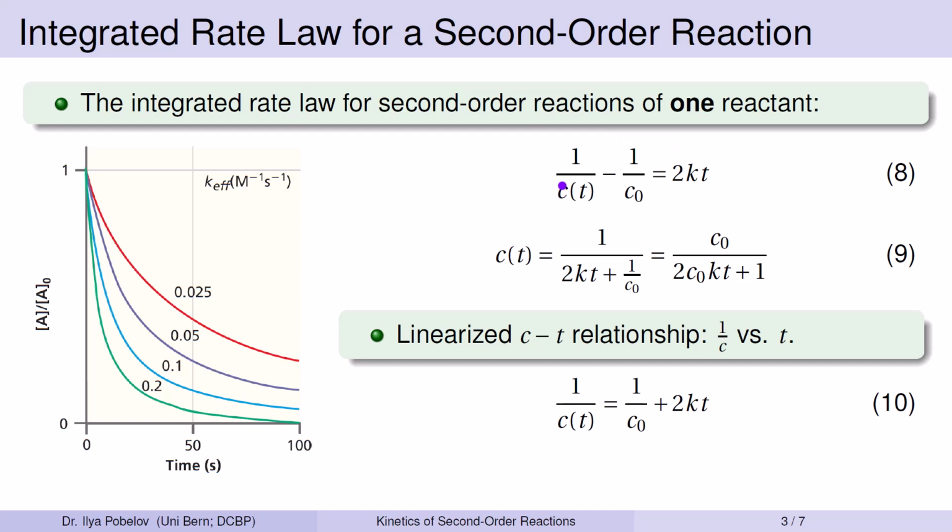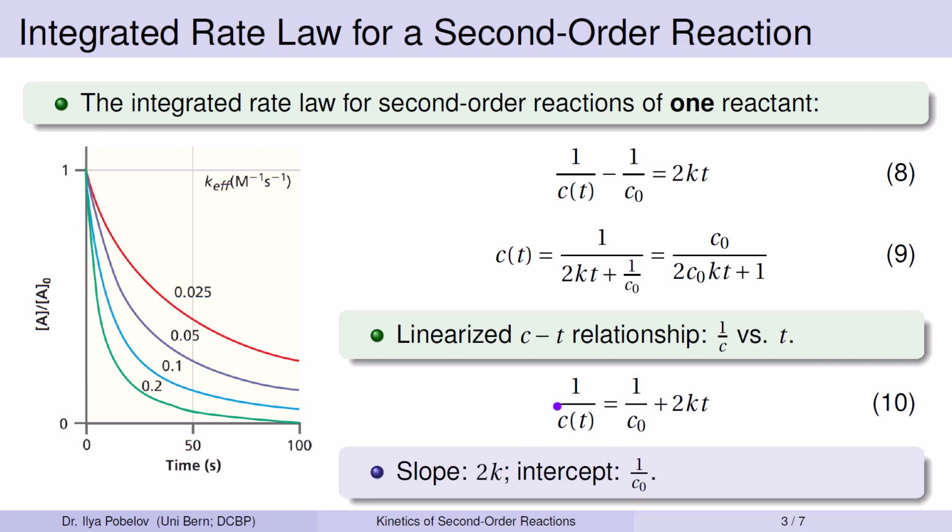By rearranging the first equation, we can show that for second-order reactions of one reactant, the relationship between the inverse of reactant concentration and time is linear.